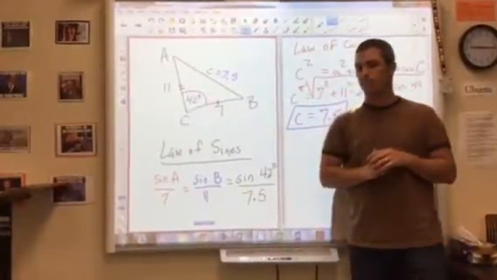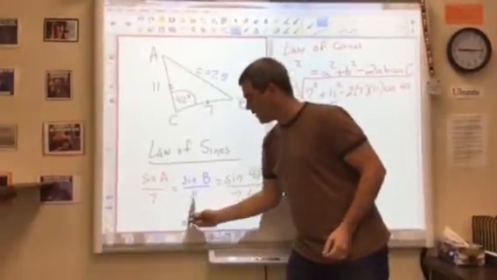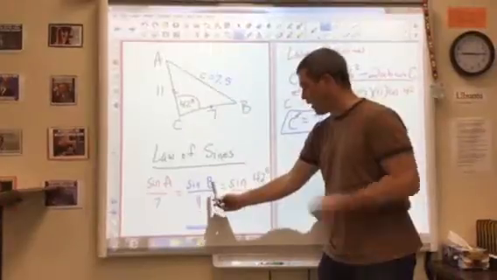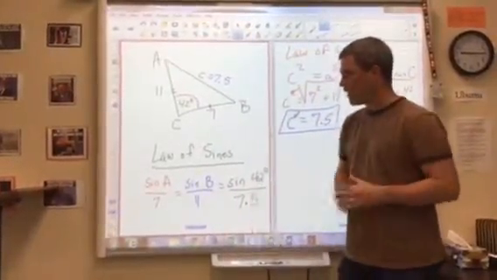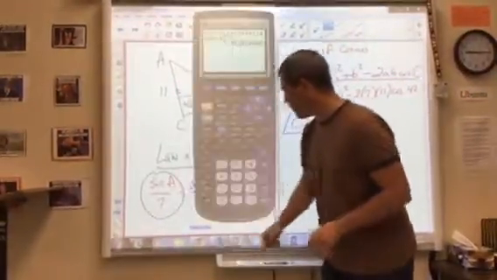What I should also be able to realize is if 7.5 is between these two, then angle A will be the smallest, since 7.5 is the middle side. 42 will be the middle angle. So I'm going to go ahead and solve for angle A.